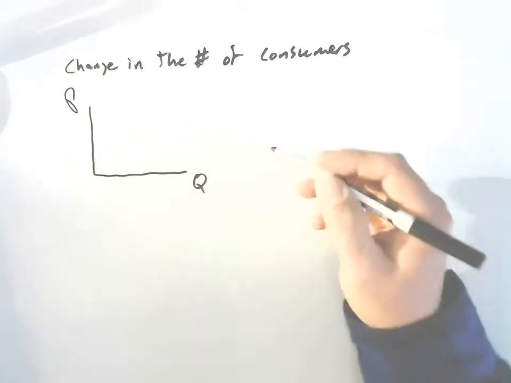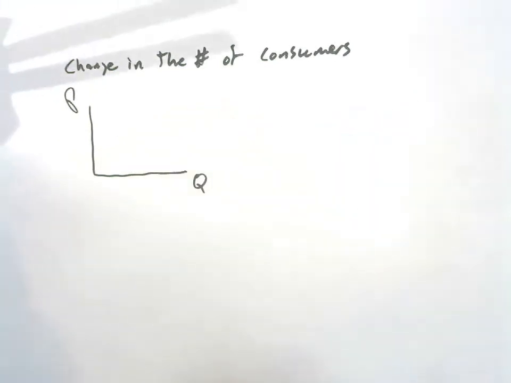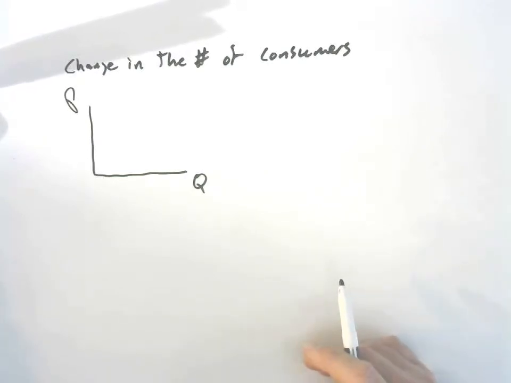Let's say we're focusing on the demand for hamburgers, and you and your friends all eat hamburgers, and you go out a couple times a week and eat hamburgers. The question is, how many hamburgers do each of you eat?